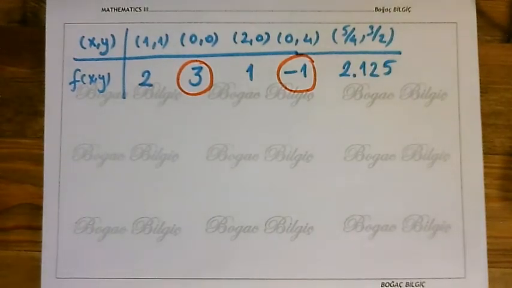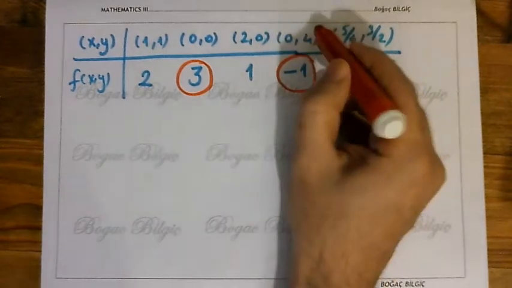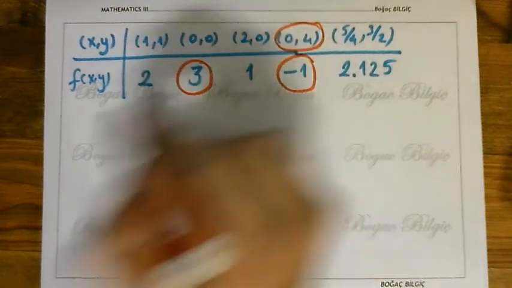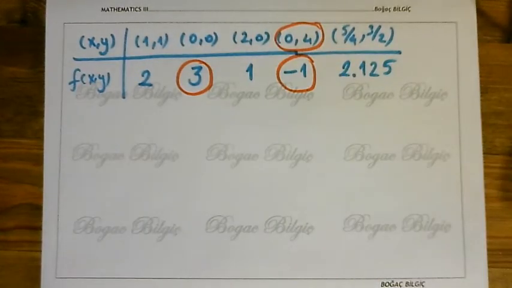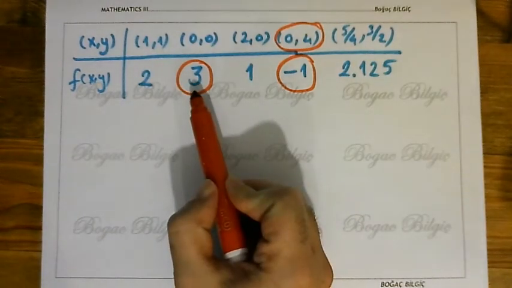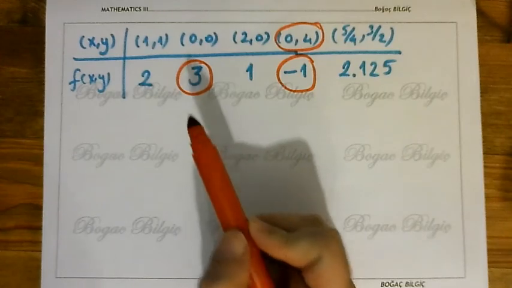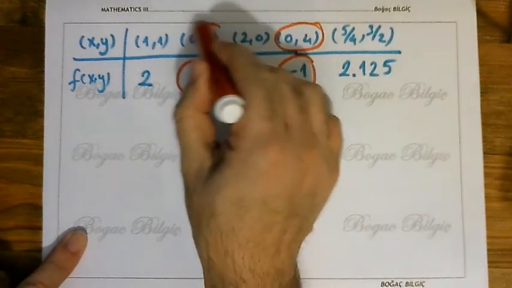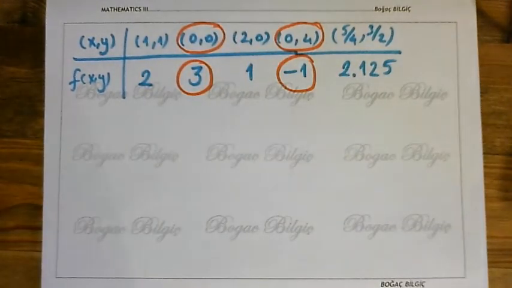We conclude that the absolute minimum value on the triangular region is minus 1, attained at the boundary point (0, 4). That the absolute maximum value on the triangular region is 3, attained at the boundary point (0, 0).